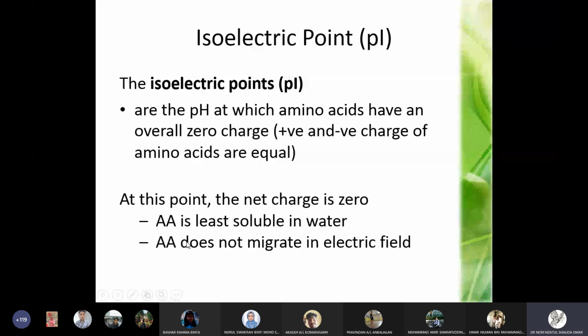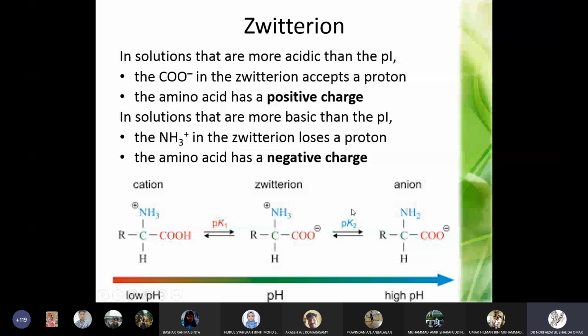So what happens when there's a difference in the pH? When there's a high pH, what is abundant? What is increased in the high pH?